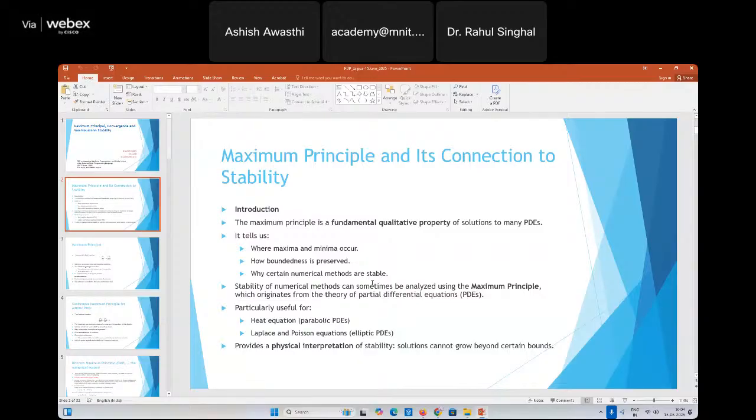Stability means that if you make some error or give some perturbation to the system, it could be a numerical method system, or an analytic method system, or any physical system, you make some artificial disturbance and see how the system behaves with regard to the disturbance.